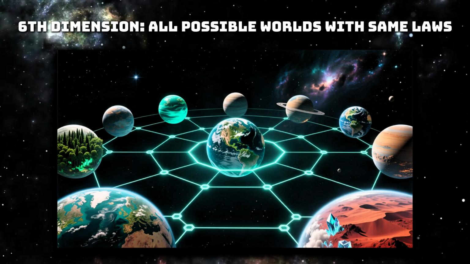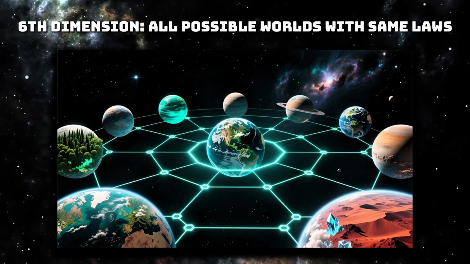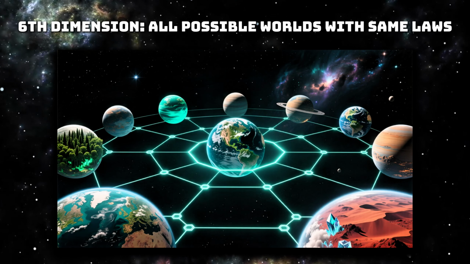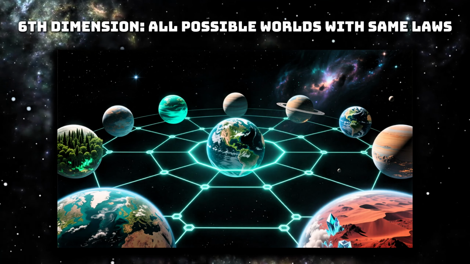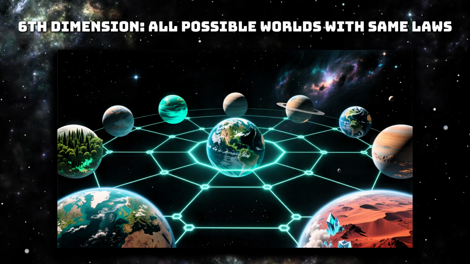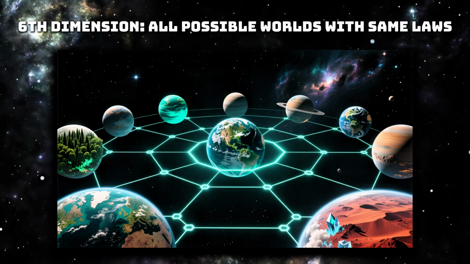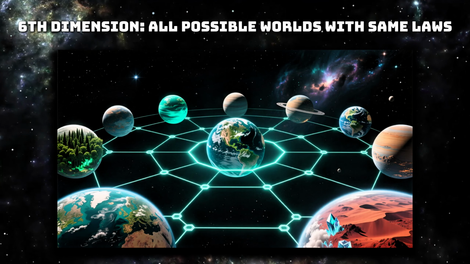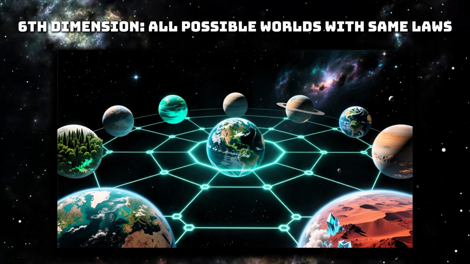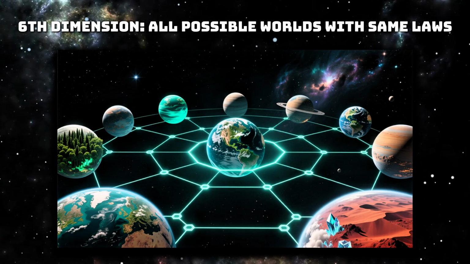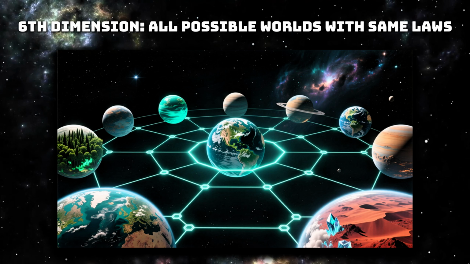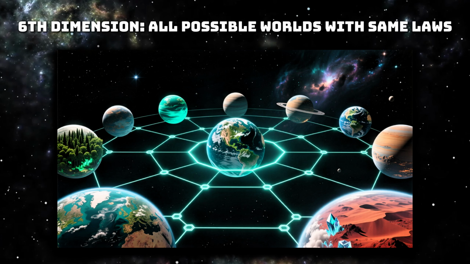In other words, 5D equals variations of one universe. 6D equals all universes made possible by the same physics. If you think of reality as a game, the fifth dimension is like replaying the same game with different choices. The sixth dimension is like playing new rounds of the game where the map, characters, and scenarios change, but the game rules stay the same.